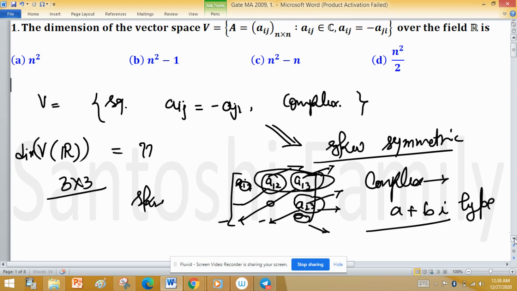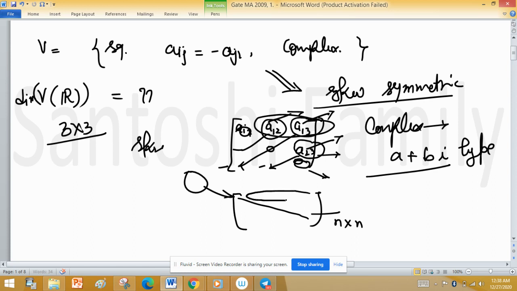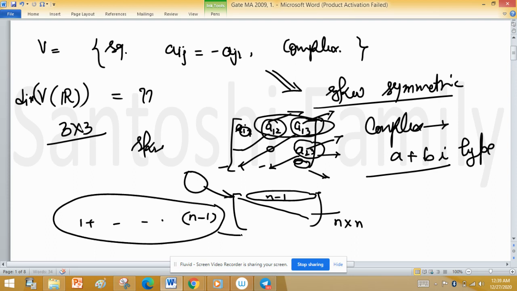If you consider an n by n matrix, these are our zeros, the diagonal elements. So our first non-zero entry will be here, and the last one up to n minus 1 entry here. So 1 plus, and this summation will go up to n minus 1. These are the total number of entries where we are independent.